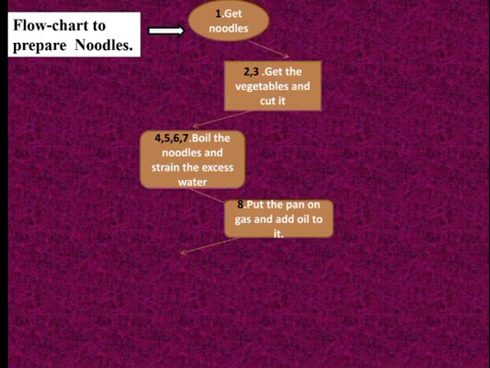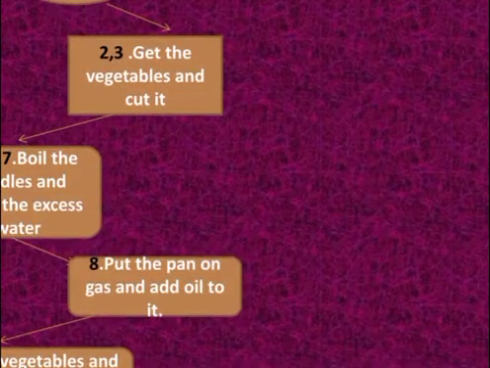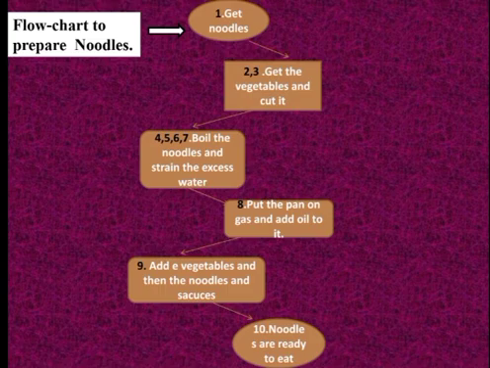Then it goes to the next step which tells you add the vegetables and then the noodles and sauces. And finally the last one, which is noodles are ready to eat, and you enjoy the noodles, right? So here we have seen the flow chart, children, of how to make the noodles.